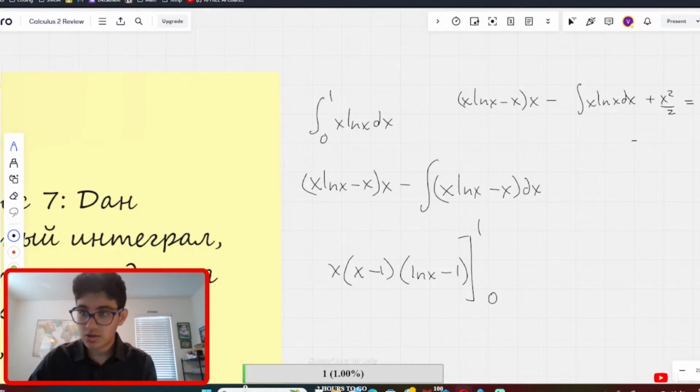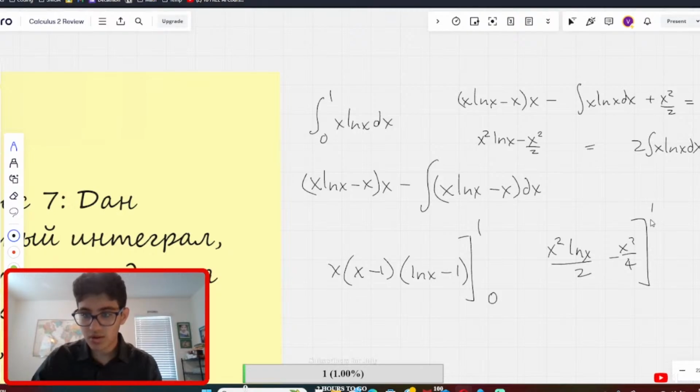So you get 2 integral of x natural log x dx is equal to x squared natural log of x minus x squared plus x squared over 2. So that becomes minus x squared over 2. So it becomes x squared natural log of x over 2 minus x squared over 4.